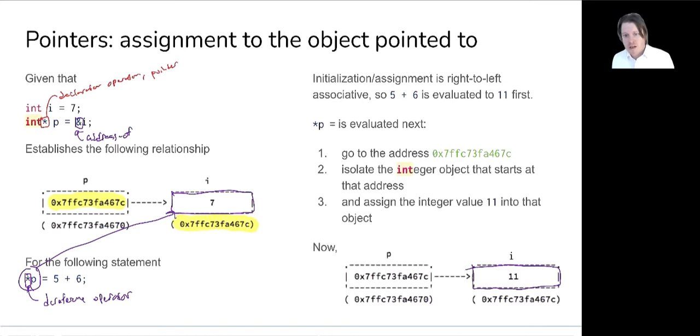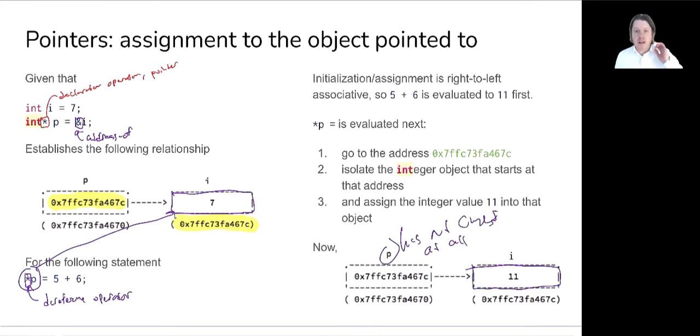So dereference P, we go out to the address. We isolate the integer object that starts at that address, and we assign the integer value of 11 into that object. And now, notice P has not changed at all. But the object to which P points has. It's taken on a new value.